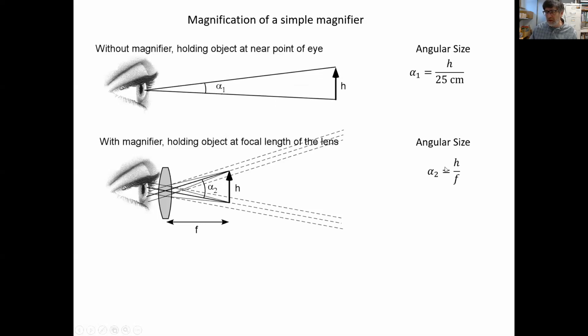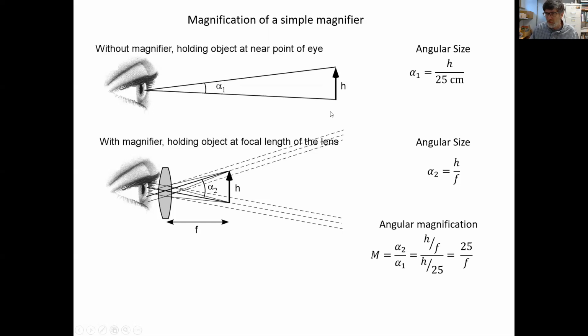So if these are the two angular sizes, we would hope this one would be larger, the way I've shown it here. But the magnification then would be the ratio of these two. How much bigger is alpha 2 than alpha 1? So I find the magnification as alpha 2 divided by alpha 1. This is a capital M instead of a little m because we're finding the angular magnification, how much this angle has changed, as opposed to how much different the size of h is.